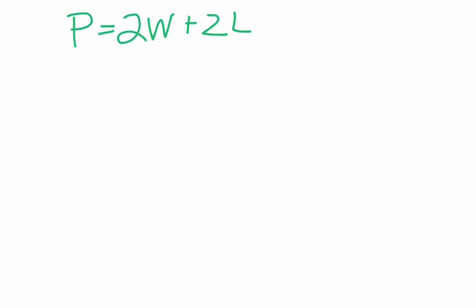Now that formula in its current state is solved for P. We're going to go ahead and solve it for W. Okay, so that means we want to get the W by itself. I'll highlight the W in red there. So in order to get the W by itself, the W is being multiplied by 2, and we're adding a 2L.